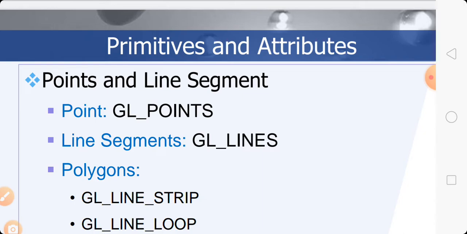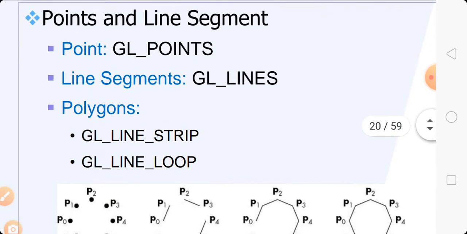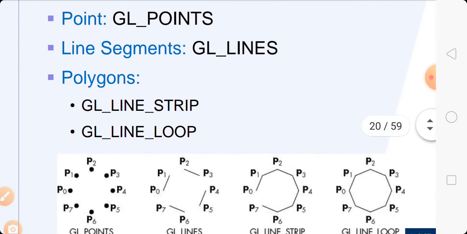This is the method, and we have to write it in all capital letters, with two words joined by an underscore sign. So GL_POINTS, line segments GL_LINES, polygons GL_LINE_STRIP, and GL_LINE_LOOP. So we have to see everything here.